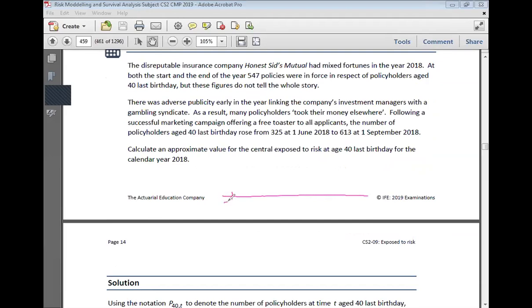So let us say this is my 1st Jan 2018, I know 547, then 1 June 2018, 325, then somewhere 1 September 2018, 613, and here I have 31st December 2018, and this is again 547.